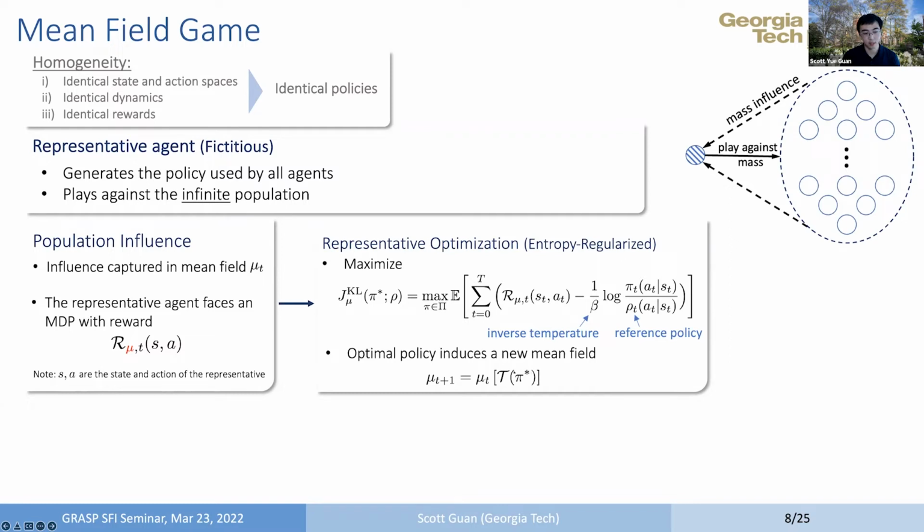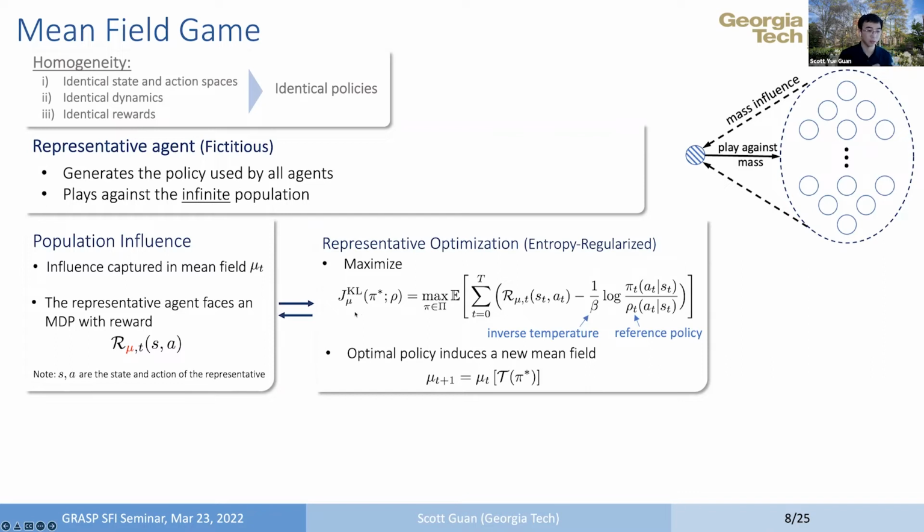And this optimal policy pi star will then be applied by all other agents. And then this will induce a new mean field, because now we have changed the behavior of the whole population. And this new mean field will give us a new MDP with an induced reward. And we have basically closed the loop.